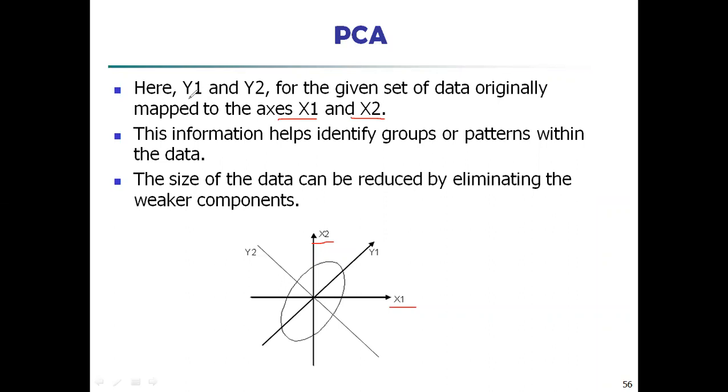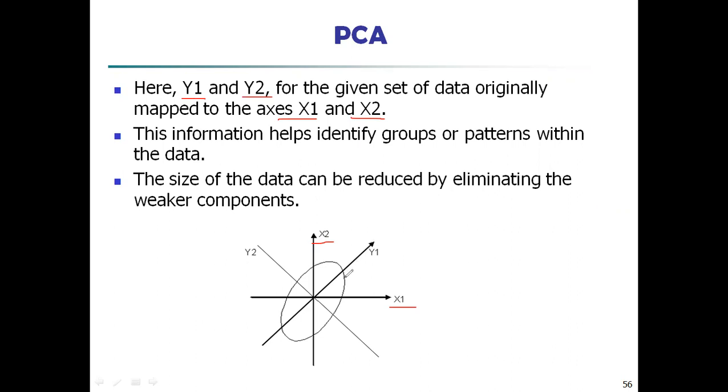How are we going to map the data into this area? Here y1 is one attribute, and assume y2 is another attribute. Here this is the representation of y1.